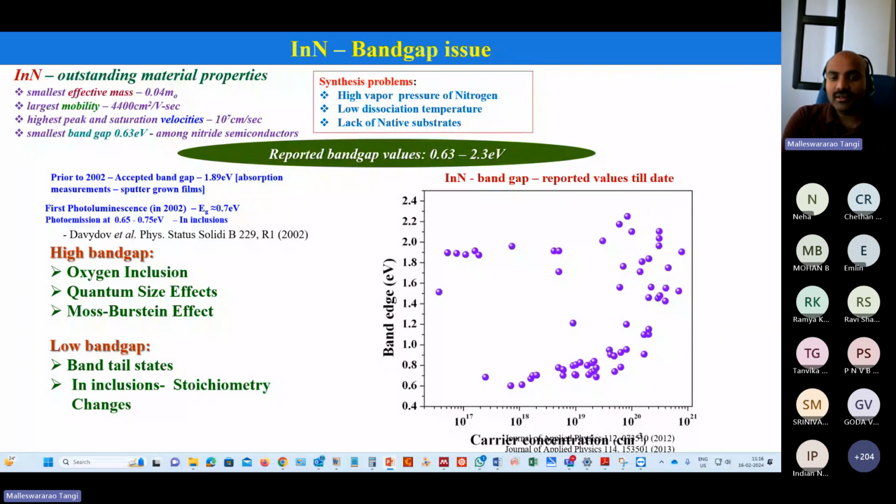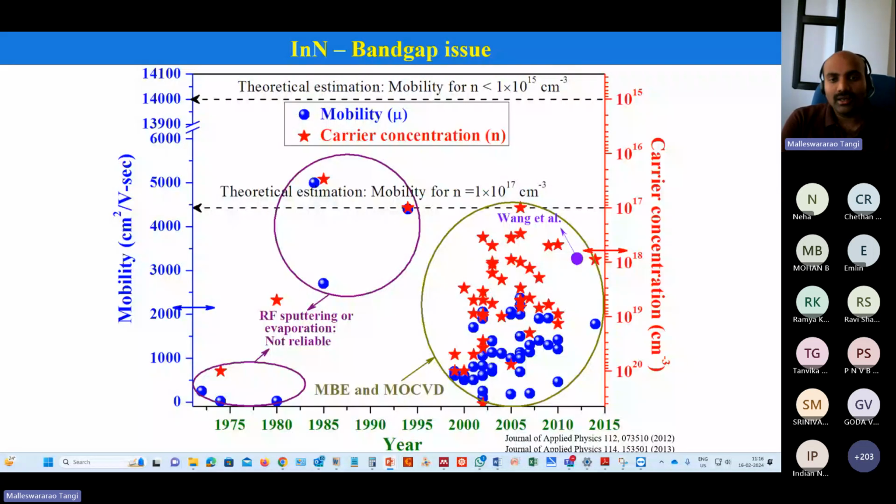You can see in the literature values how they are scattered, and this is all because of the synthesis problems. But after achieving advancement in the growth techniques like MBE and MOCVD, after the mid 1990s, people have achieved very good electronic properties like high electron mobility and low carrier concentration for this semiconducting material.